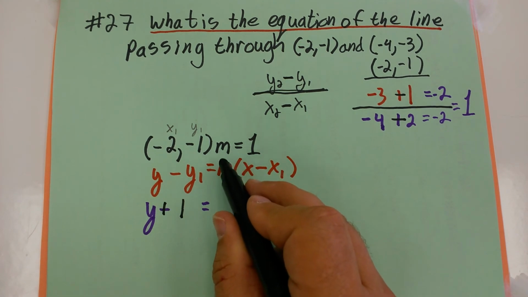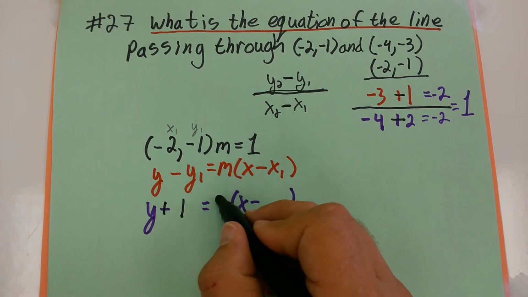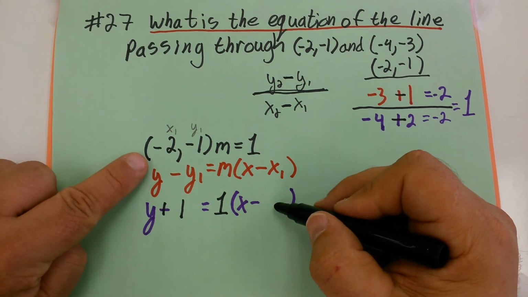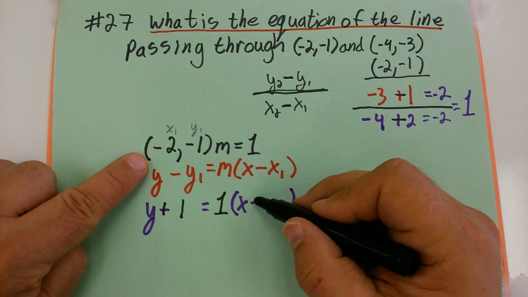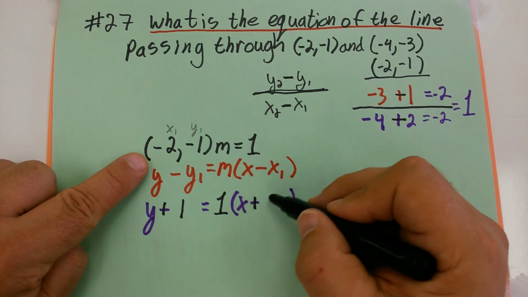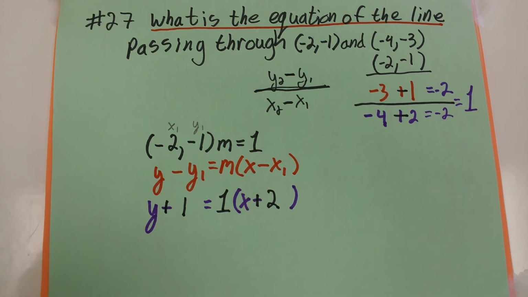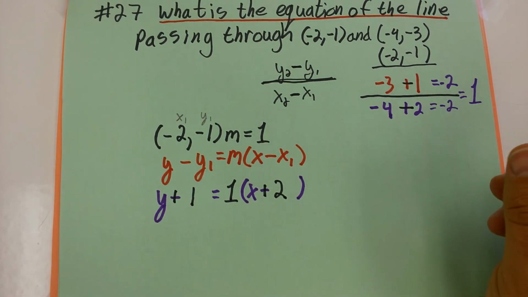Now notice the letter m was here originally, and m stands for 1 for this problem. And way over here, I have to put the -2. But instead of putting -2, I'm just going to put +2. Now what I need to do is solve this and put it in y equals mx plus b format.